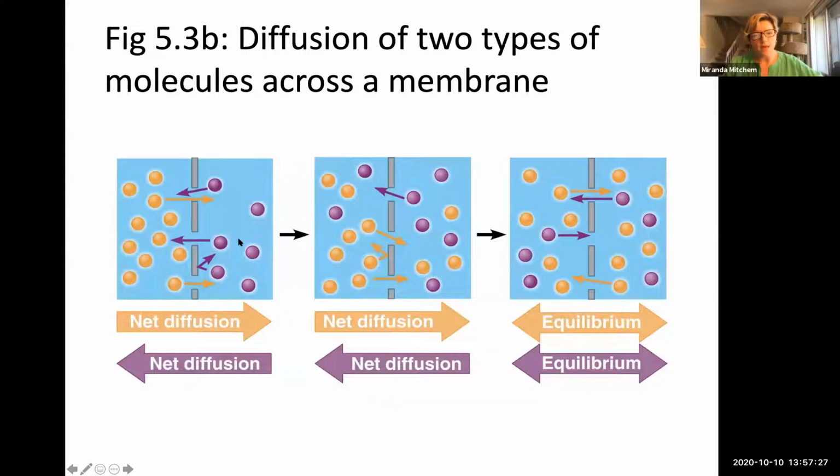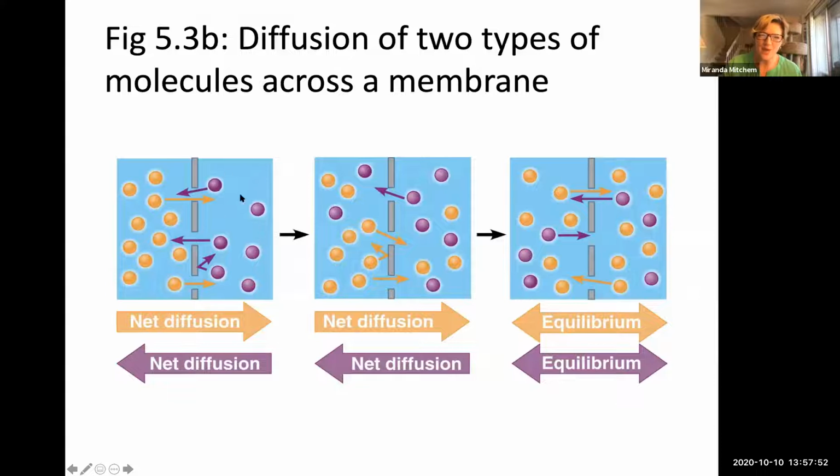But let's add in the purple dye. It is in high concentration on the right side of the same membrane associated with the gold or orange dye. So we've got two different gradients. What happens with one gradient has no bearing on the other gradient in this example.